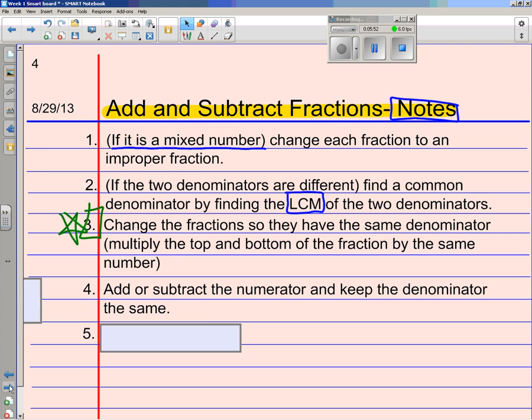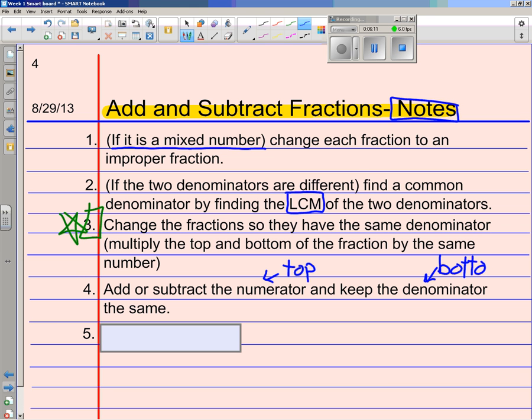Step number 4, you are going to add or subtract, whichever the problem is, the numerator and keep the denominator the same. Just a reminder, if you have forgotten, the numerator is the top number and the denominator is the bottom number.